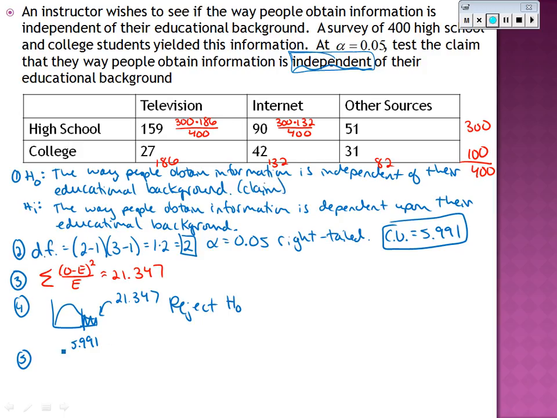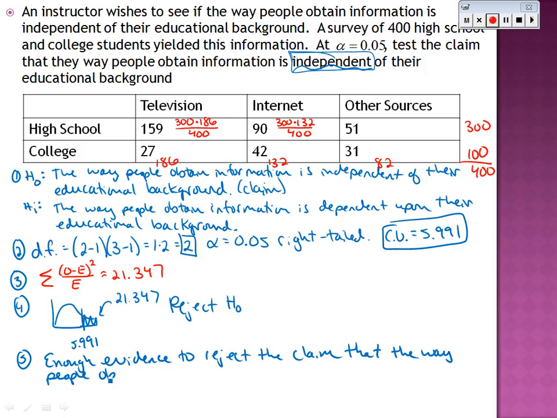So there is enough evidence to reject the claim that the way people obtain information is independent of their educational background.